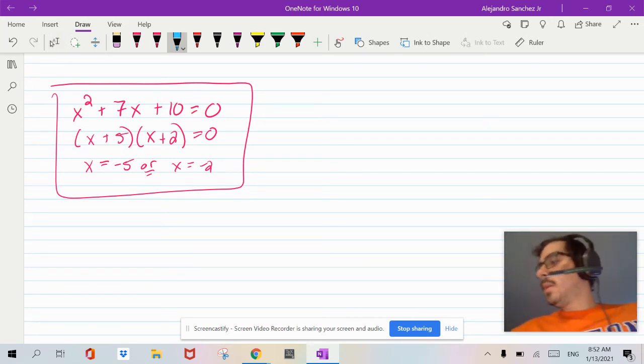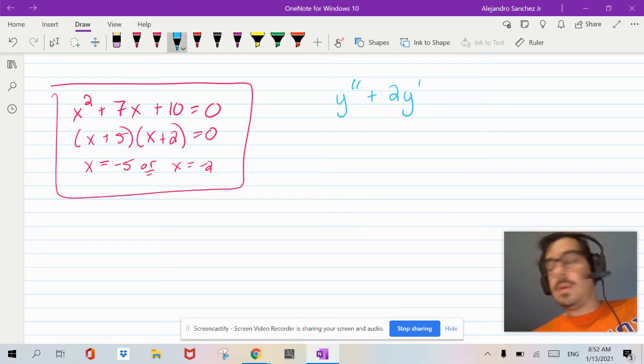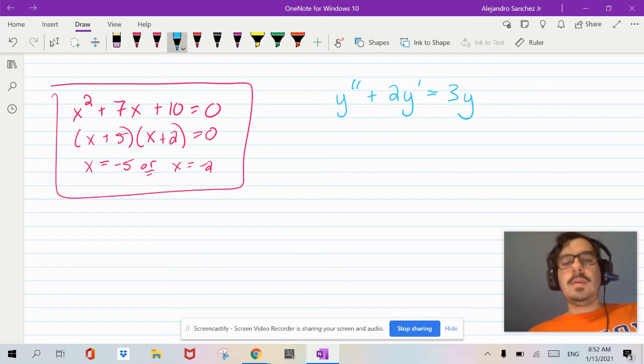We can look at an example like y double prime plus 2y prime equals 3y. In this scenario, going back to the algebraic, there was an x that satisfied that equation.